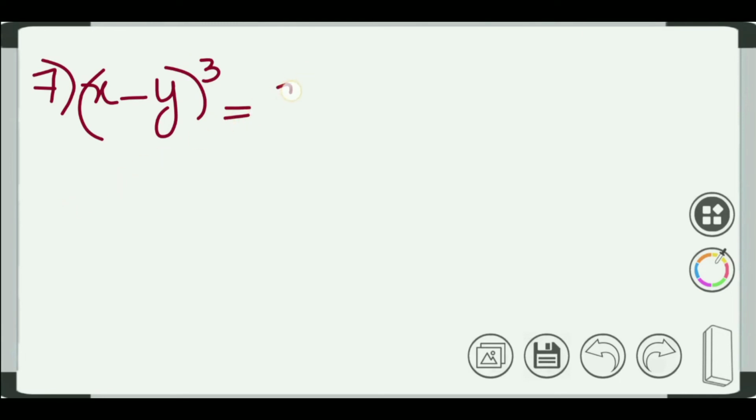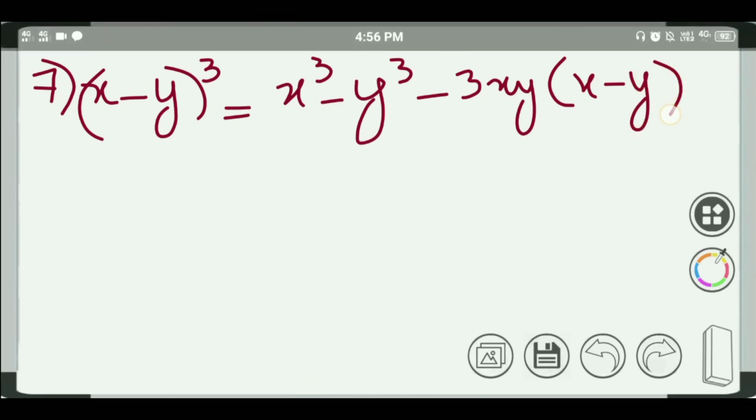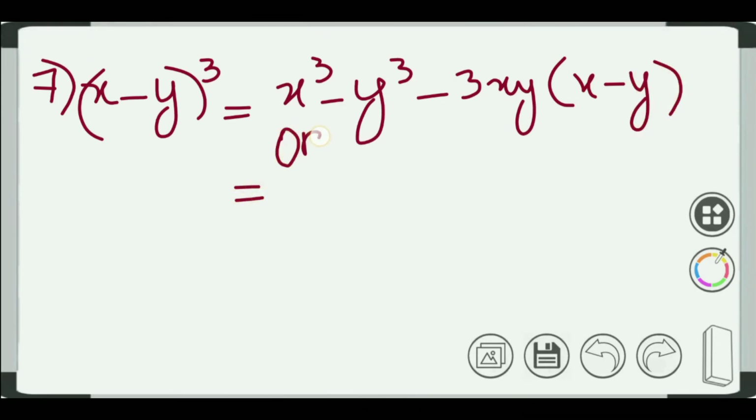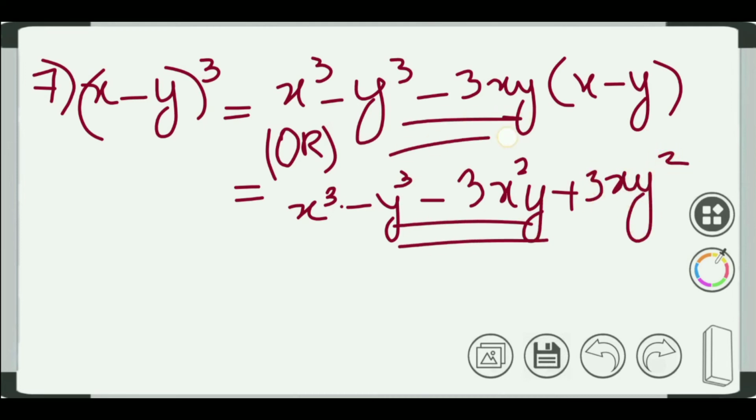Reverse. x cube minus y cube minus 3xy into (x minus y), or x cube minus y cube minus 3x square y plus 3xy square. Okay.